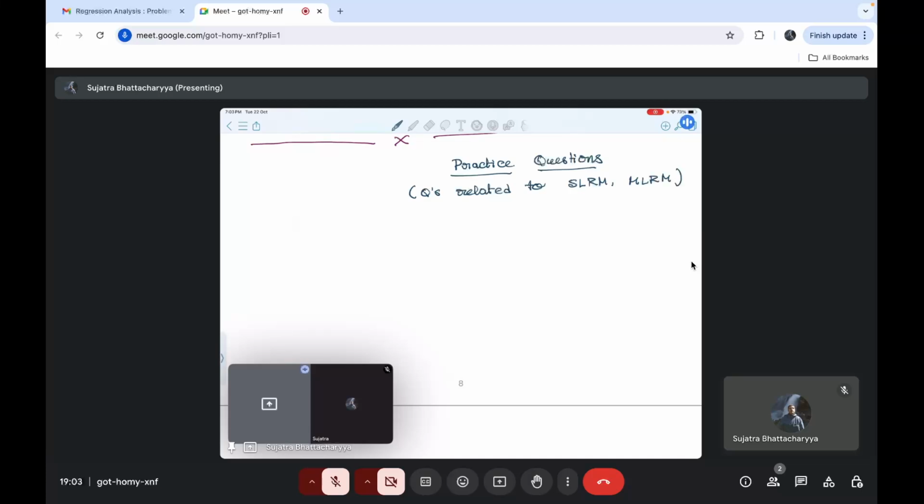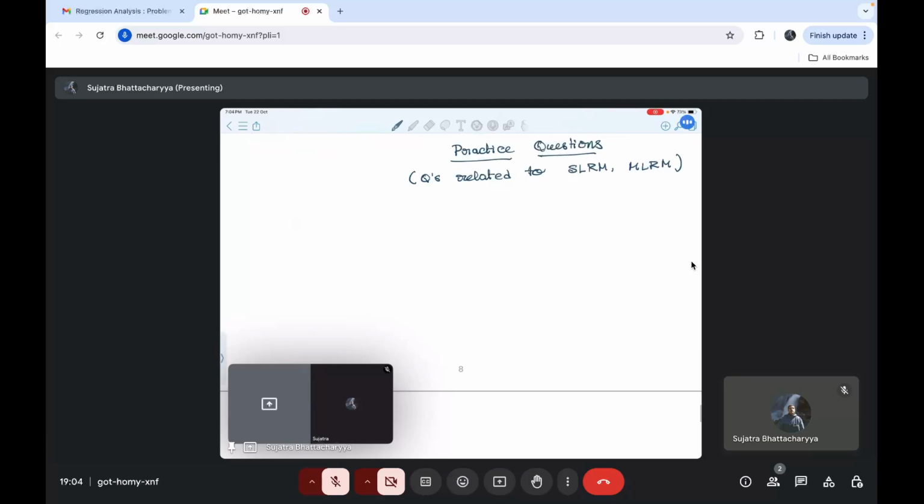Other things like multicollinearity and dummy variables are concepts you need to understand, but when you apply them, most of the time these two are the fundamental concepts we are using. So let us do some questions related to the simple and multiple linear regression models so that the basics are clear. Then if you go ahead with multicollinearity and those things, you will be able to understand everything and solve questions. Okay, so let's start.